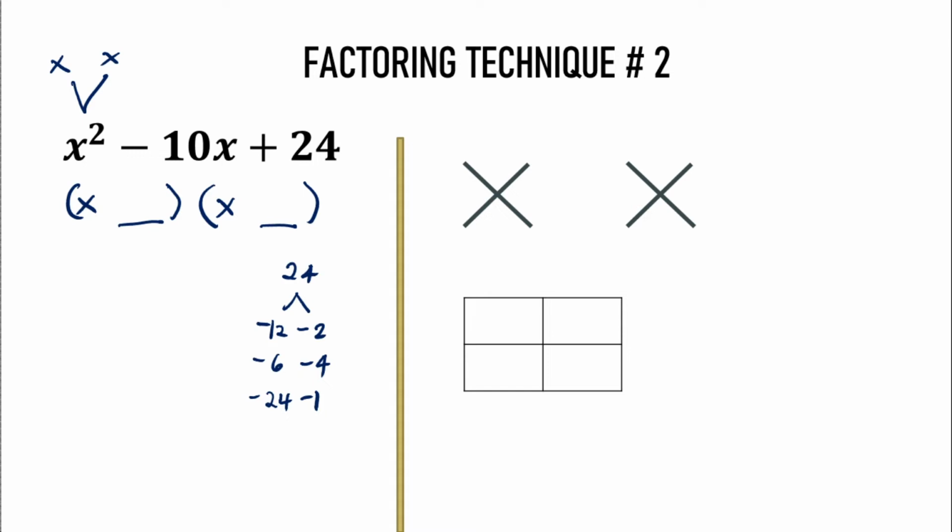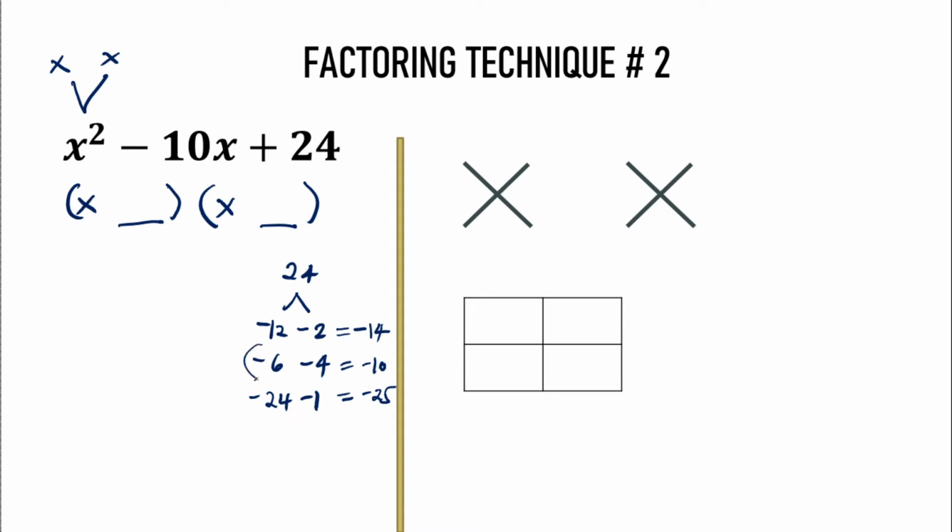So, i-add natin ito. Negative 12 plus negative 2. Same sign sila. So, magiging negative 14. Ito is negative 10. Ito naman negative 25. So, alin sa mga pair of factors that will result to negative 10?